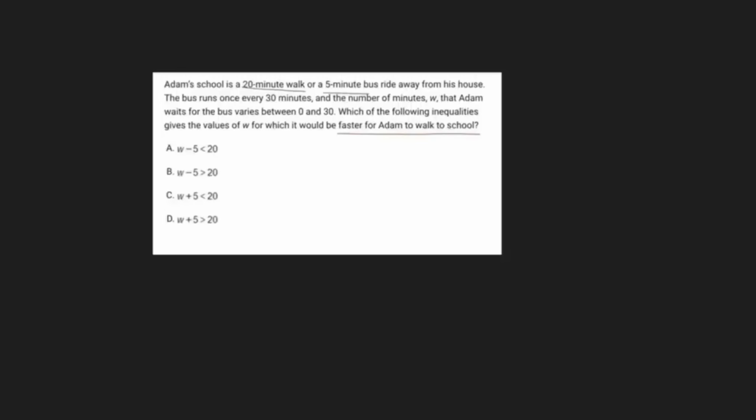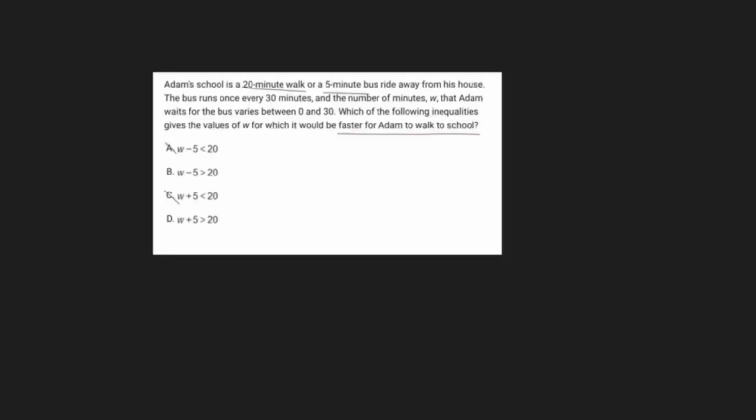So first off, we can eliminate two answer choices because these don't show that relationship. The first one is A, and then the second one is C, right? These show that 20 is greater than the left side, which we don't want. And now we're down to B or D. Well, the thing with B is it shows W minus 5. In reality, this doesn't really make any sense, because that 5-minute bus ride is not taken away from the waiting time, right?